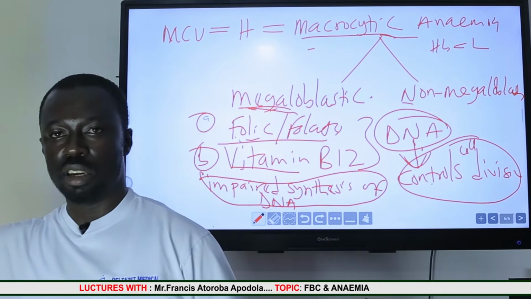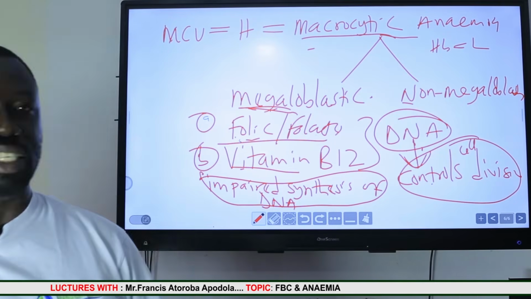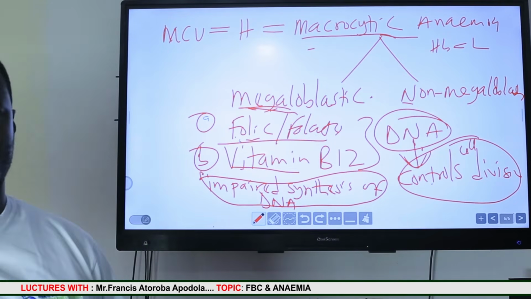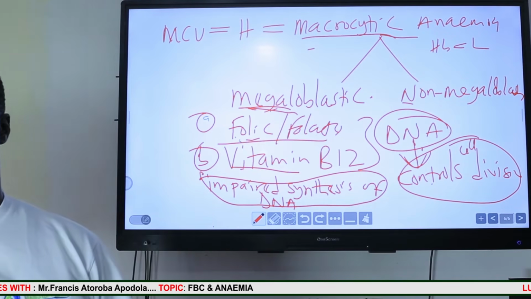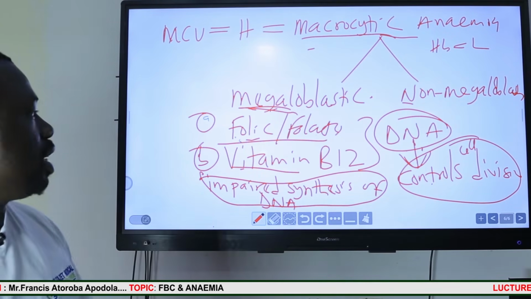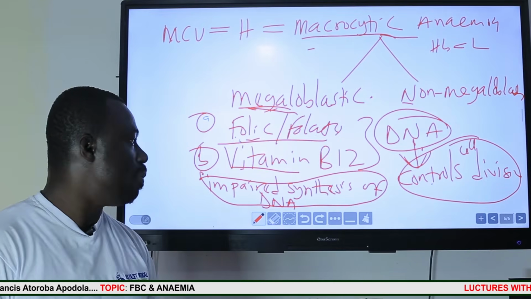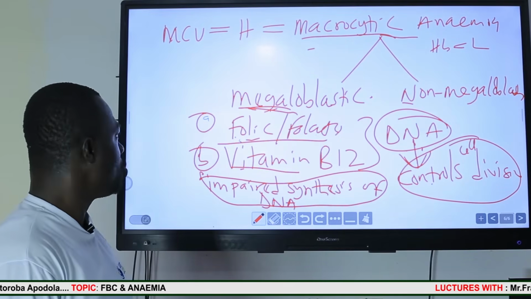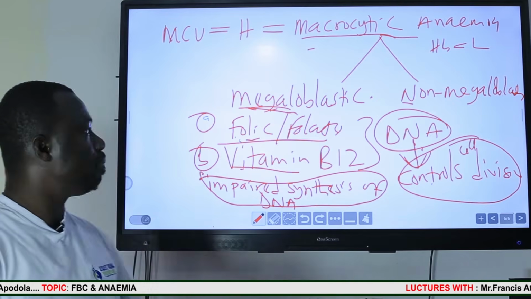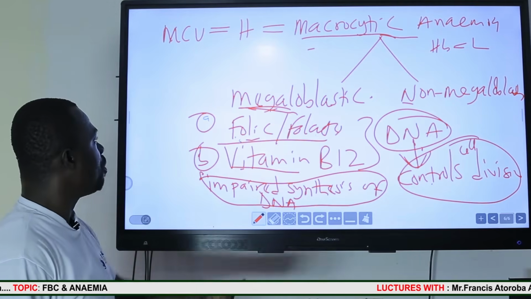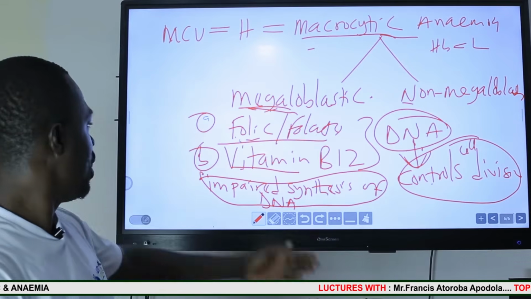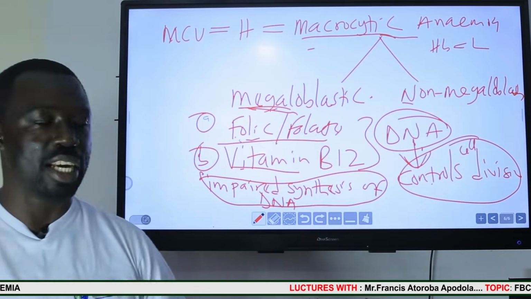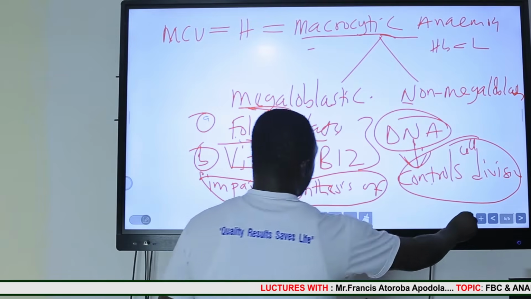Liver disease, alcohol abuse, and some forms of thyroid disorders can cause non-megaloblastic anemia. So that is it for the MCV being high. But the common one is the vitamin B12 and folic acid deficiency.